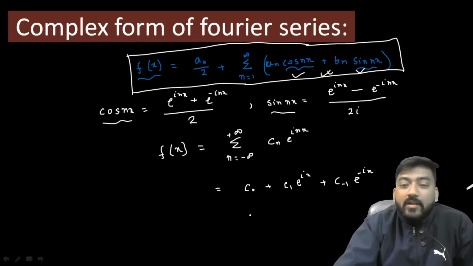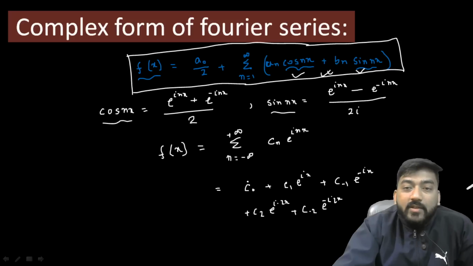Similarly, plus c2 e to the power i2x, then again c minus 2 e to the power minus i2x. So all the terms will be present here, the plus terms as well as the minus terms. Okay, so this is the compact form, and if you want to write it in expanded form like this, you can write it.